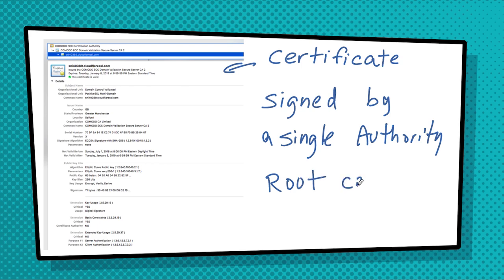Now, finally, the root certificate of the chain is self-signed and is widely distributed. This root certificate is the anchor of trust in that PKI environment, so the public key infrastructure environment, and it's used to validate the entire certification tree, right?